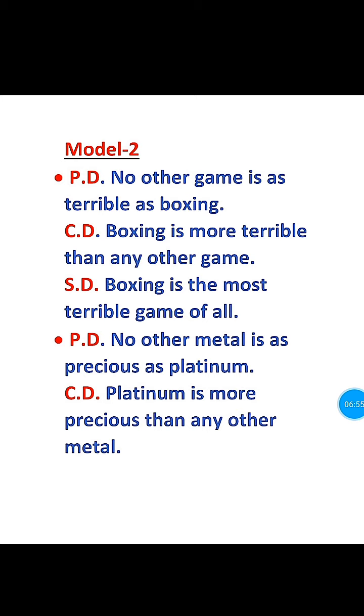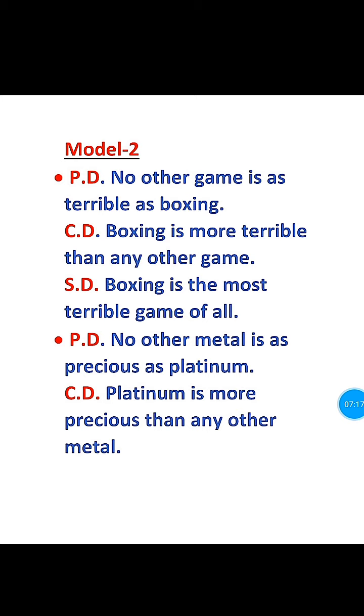We are comparing it with many other games. So when there is comparison more than 2, then the degrees of the sentences will change like this. In comparative degree, boxing is more terrible than any other game. Superlative degree, boxing is the most terrible game of all.